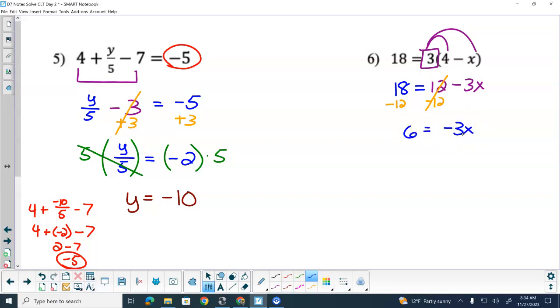Here is where lots of people made their mistake. They didn't see this negative sign there, which carried to that negative sign there, which makes that be negative 3. So really I have to divide here by negative 3.